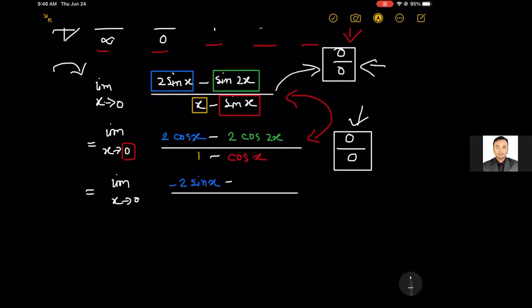What's the derivative of 2 cosine 2x? Negative 4 sine 2x. Okay, yeah, right. So the derivative of it is negative 4 sine 2x, but using this negative as well, I think, okay, let me show it one by one.